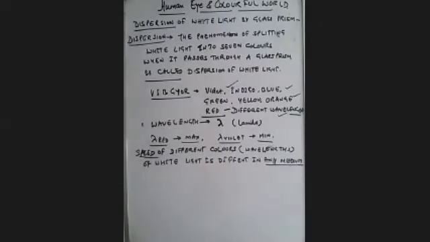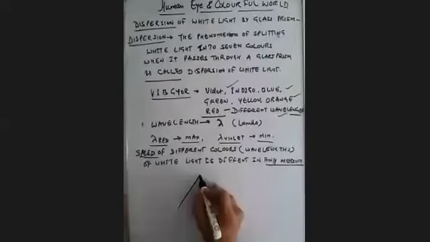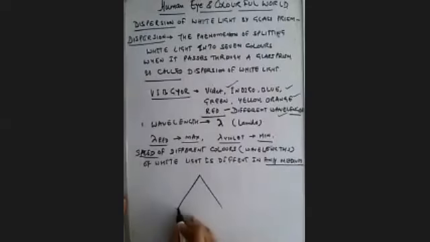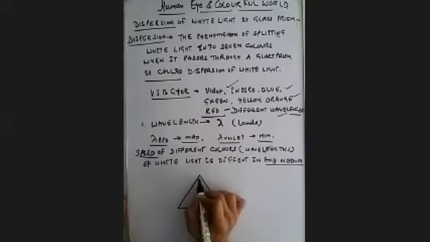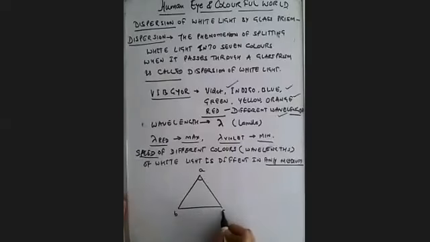Now, how does it happen in a prism? Let us understand the prism. This is the angle of prism. Now, a white light is incident at surface AB. So this is a single ray of white light.